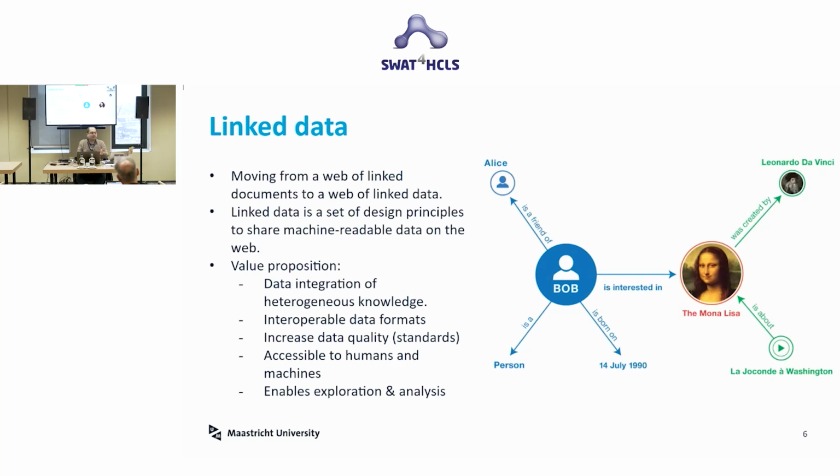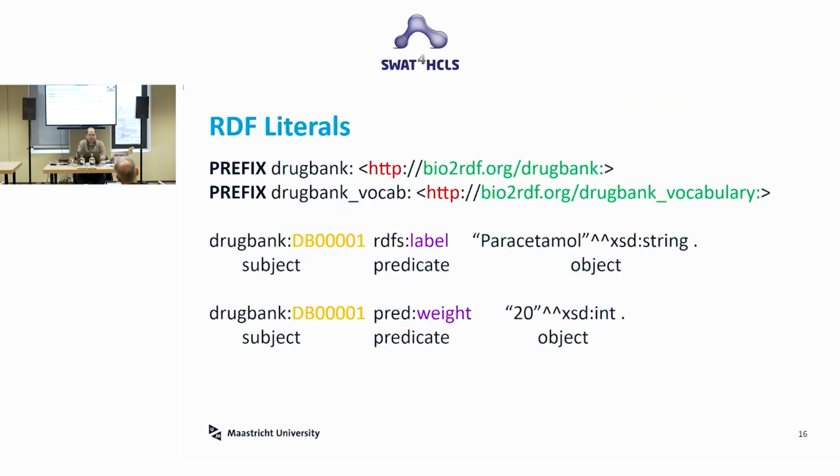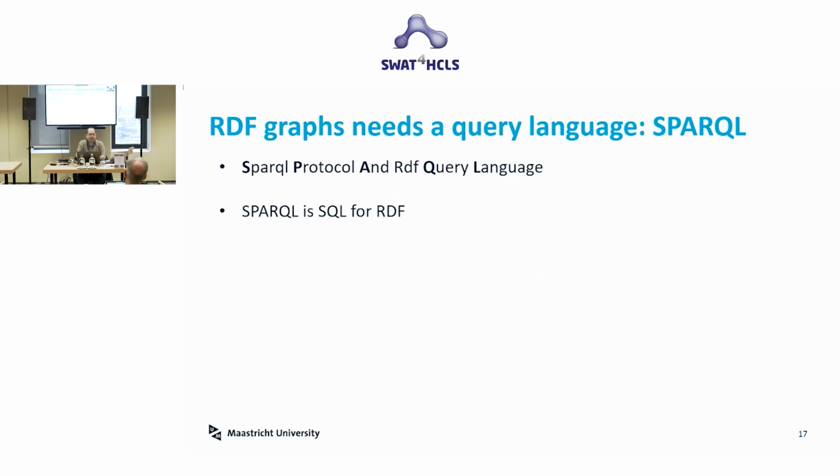So they can tell all our network of friends that someone visited SWAT4HCLS, the 2024 version. And you need to be able to ask this question to a graph that contains millions of triples inside of it. And for that, this querying language called SPARQL, it's an acronym for SPARQL Protocol and RDF Query Language.